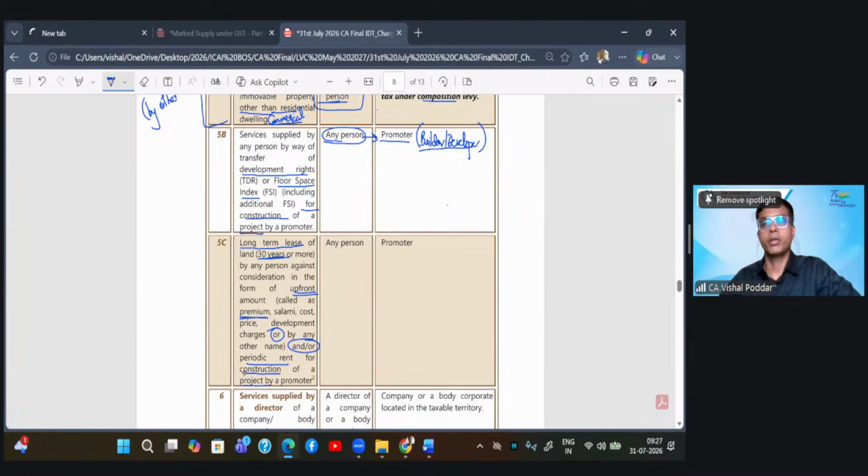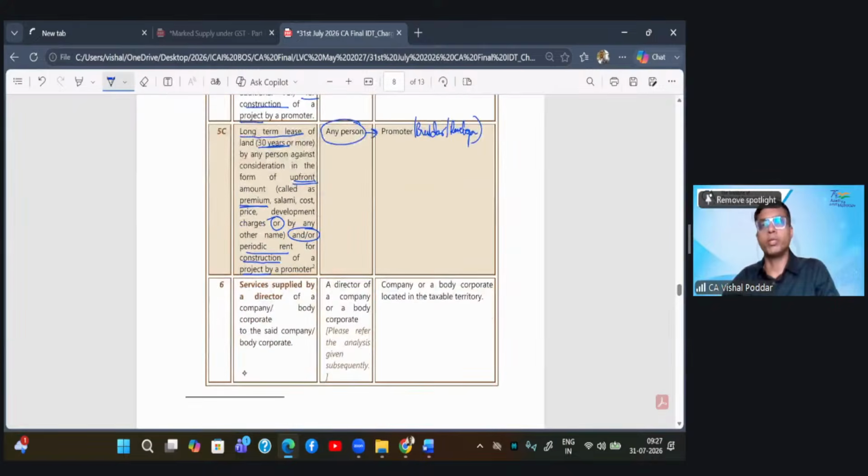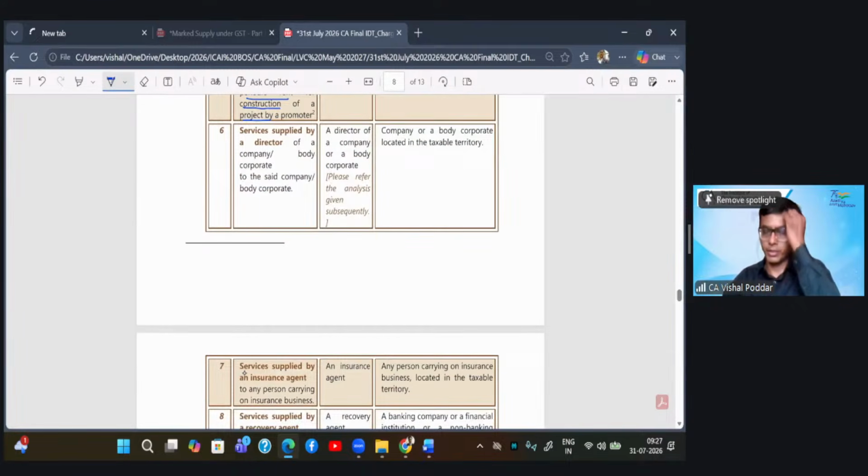So either it is upfront or it is periodic rent. In that case, again giving the land under a long-term lease, same condition. Land given on lease to builder developers who are going to pay you either upfront or monthly rent will also be under RCM.